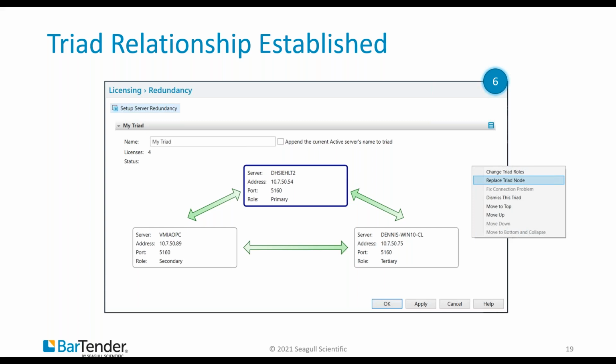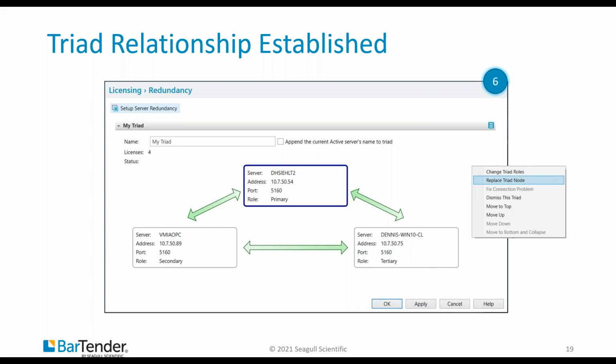If, however, the primary fails for whatever reason, it's a network hiccup or the machine itself becomes corrupted, let's say, and is unable to connect to either the secondary or the tertiary, then the triad reports to the BarTender clients that the secondary is now the active license server node of the Triad.